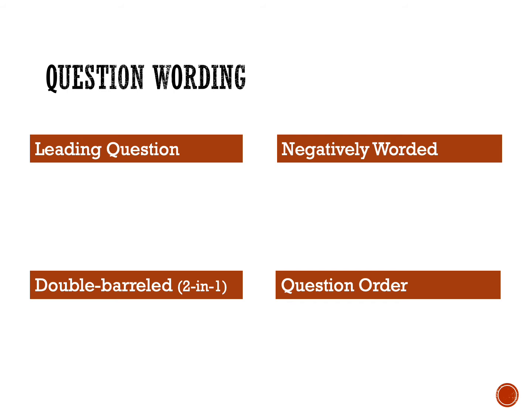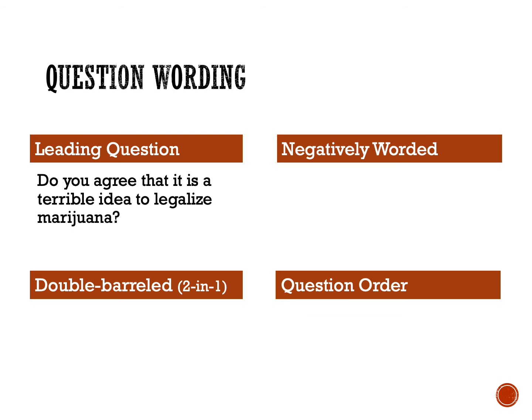The way the question is worded includes some type of value, judgment, or suggestive language that leads the respondent. So an example of this is if I ask, do you agree that it is a terrible idea to legalize marijuana? So in this question, the word terrible is providing some type of suggestion.